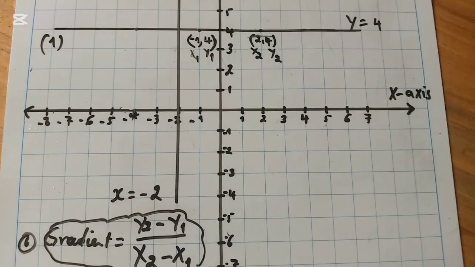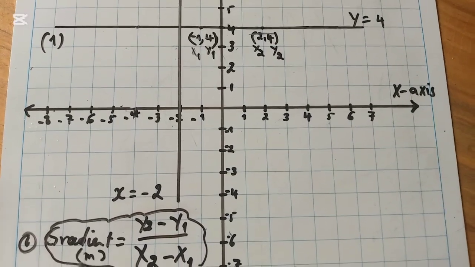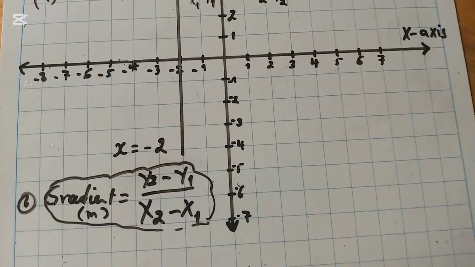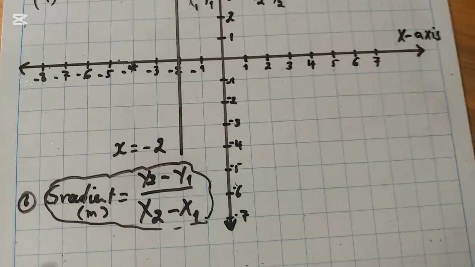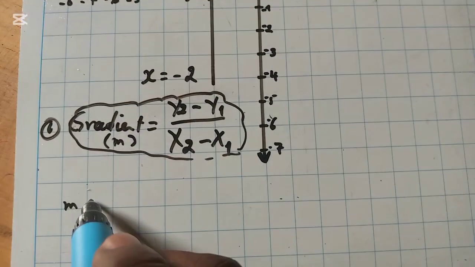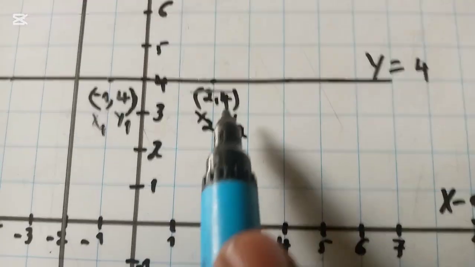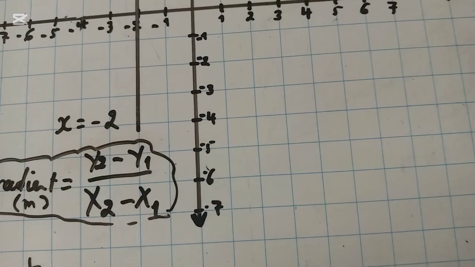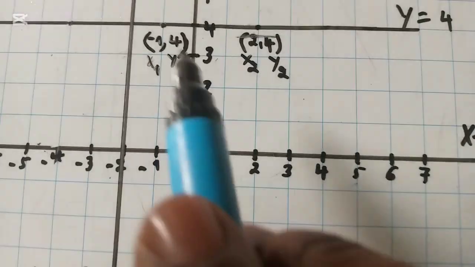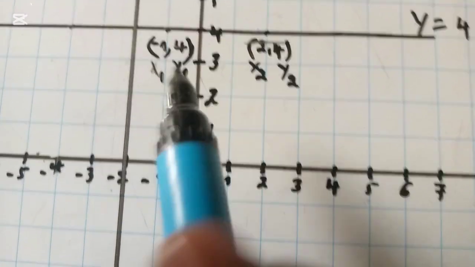So gradient, which is represented by m, is equal to the change in y: y2, which is 4, minus y1, which is also 4.